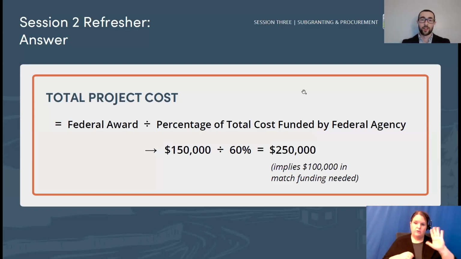So we need to find that from other restricted funding sources that are funding this project, or maybe some of our unrestricted reserves. So $150,000 federal award, 60-40 match, $250,000 total project cost. Okay, I hope that's clear. If you have any questions about that, you can drop them in the Q&A.